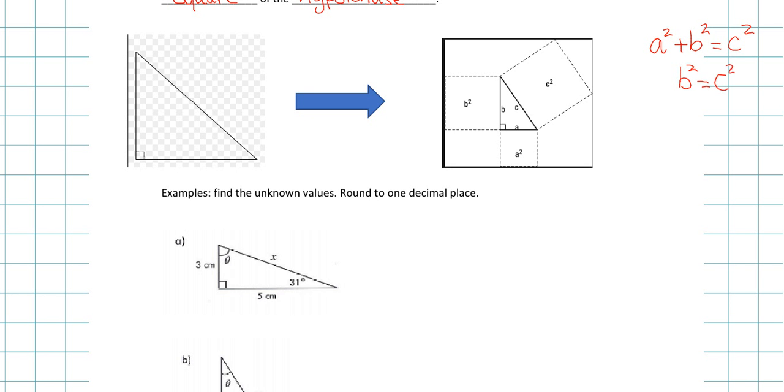So this is the case where I know A and C and I'm looking for B. Now what if I know B and C and I'm looking for A? What would the formula be? A squared equals? Exactly, because I'm moving the B squared over.